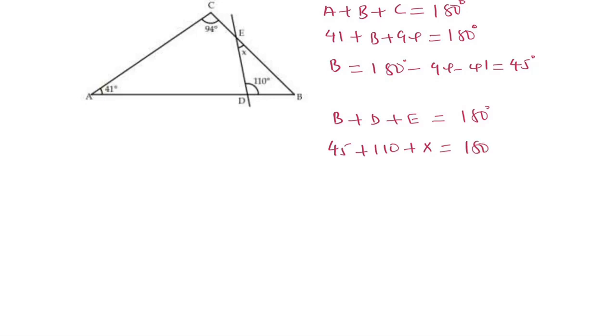Next, let us collect the constant terms. Our equation is going to be x equals 180 minus 110 minus 45, of which after solving the values, we are having 25 degrees. And this is going to be our answer.